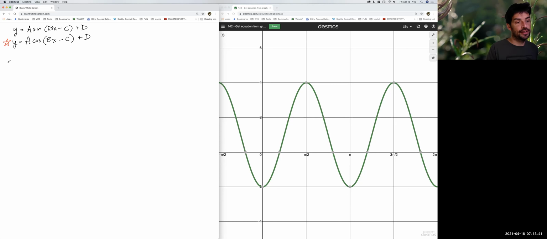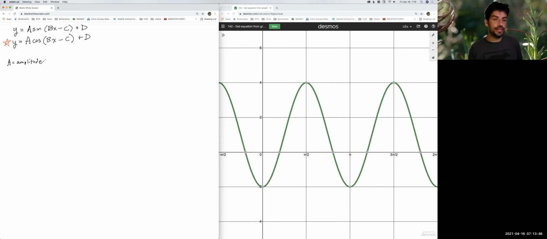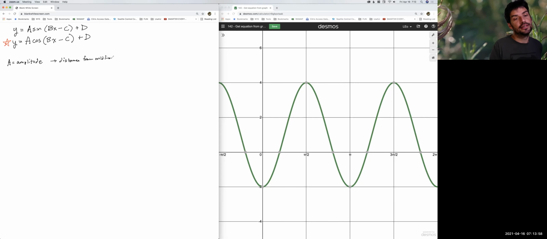Let's start with A, which is the amplitude. And the way we talked about the amplitude was the distance from the midline to a max or a min.